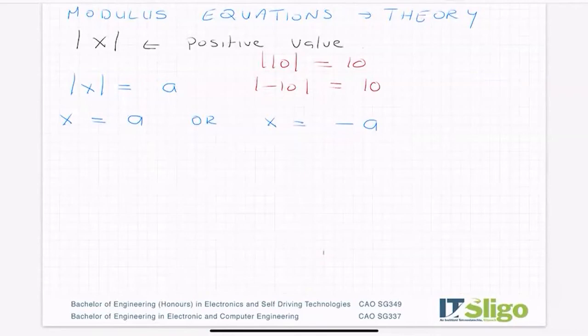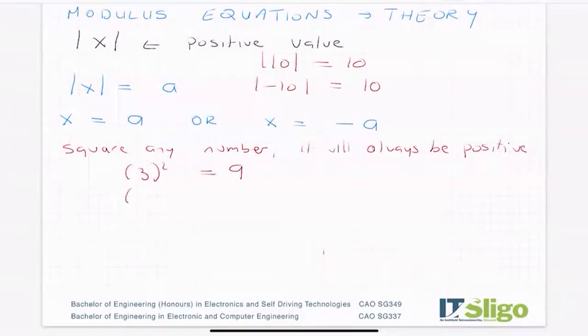What else? Oh, the squaring rule is really important. Okay, so remember, when you square any number, it will always be positive. Okay, so just like we square 3 squared, we get 9. We square minus 3 squared, we get 9. Okay, so in many cases, we use squaring when we're talking about modulus because we didn't know whether the original number was positive or negative.